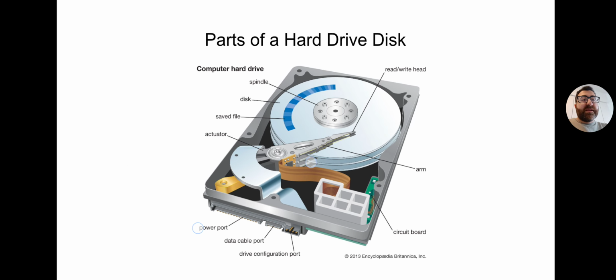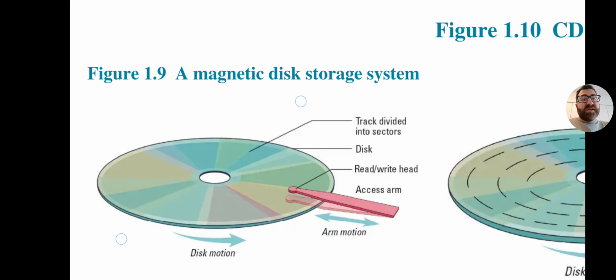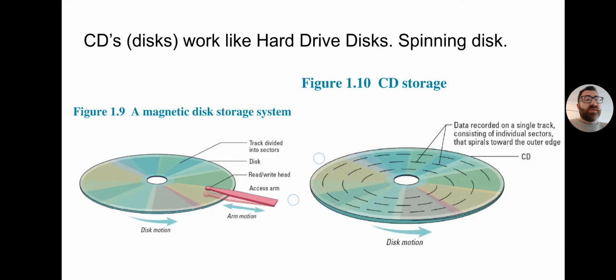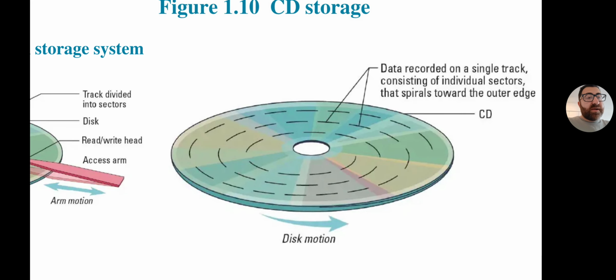And if you look at the data itself, data is recorded on a single track consisting of individual sectors that spiral towards the outer edge of the CD. So if you follow the dashed line on the CD, it forms a spiral that goes from the inside of the CD to the outside.